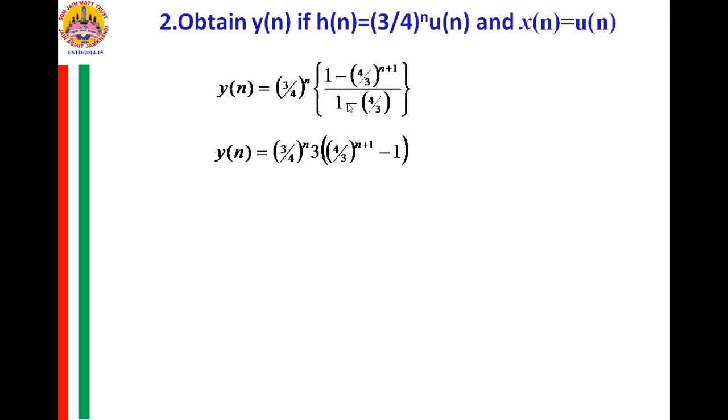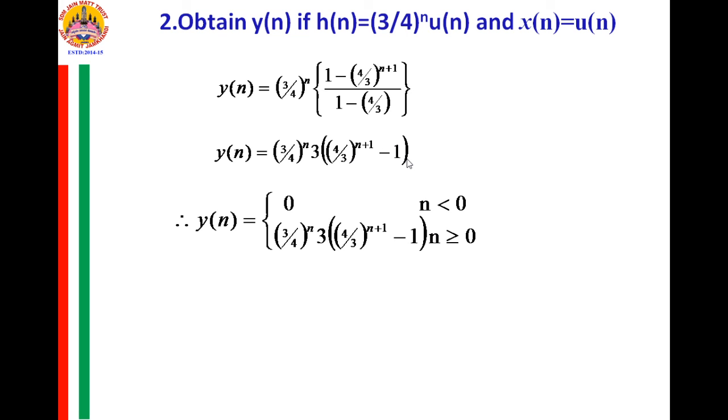So, you will observe here that in the denominator you will get minus 1 by 3 and then instead of making this minus 3 I will write this as plus 3 and inside the bracket we will rearrange it as 4 by 3 raised to n plus 1 minus 1. So, if you wish you can multiply inside with 3 by 4 raised to n to this bracket.